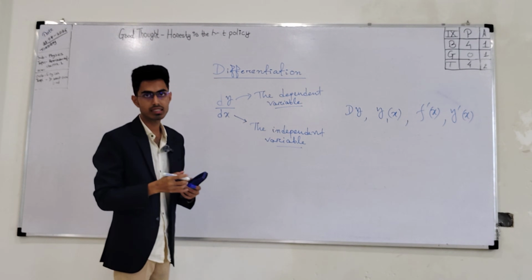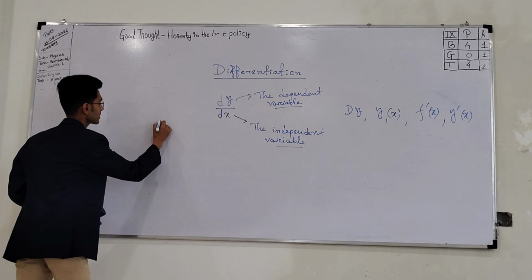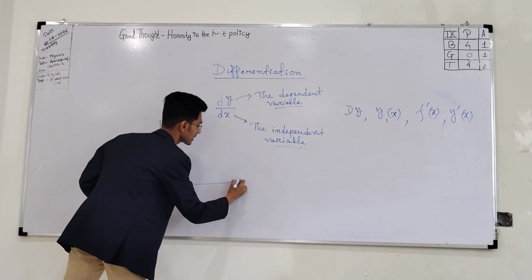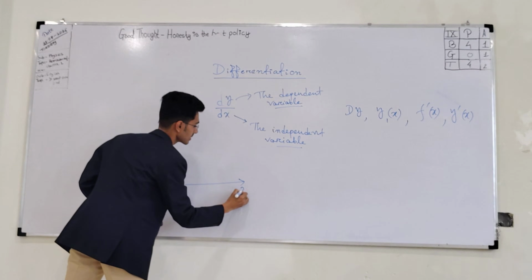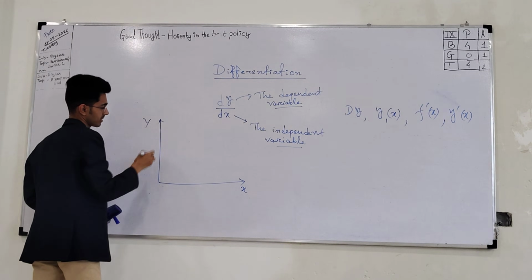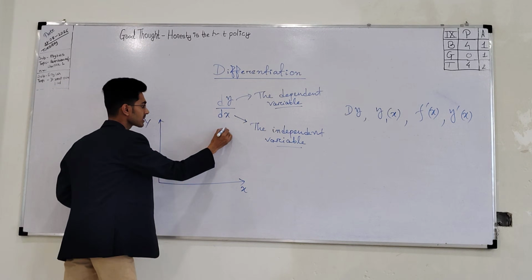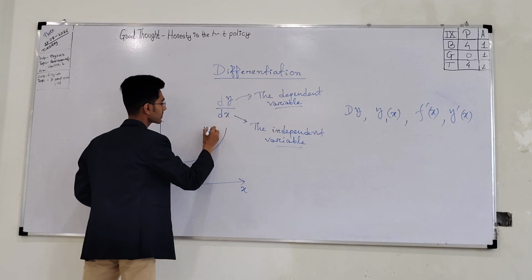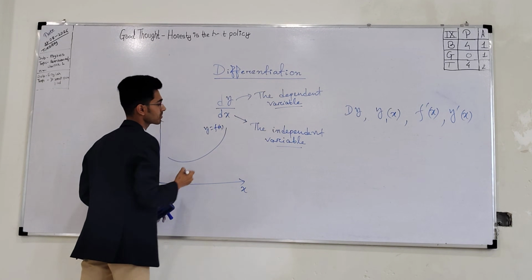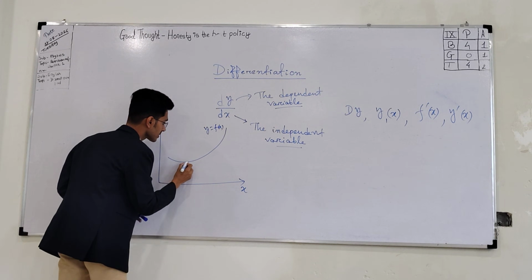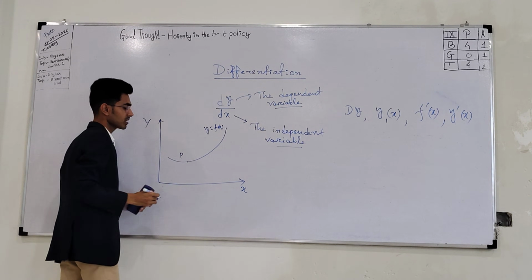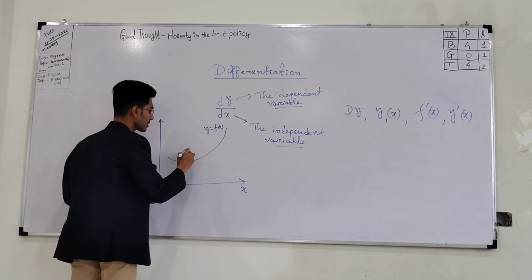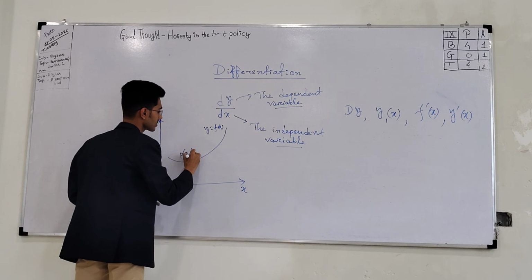Geometrically we can represent that in such a way. Let us suppose an xy coordinate plane. Let us suppose a function, y equals f of x. Let us suppose this point P is on the function and the coordinate of P is x comma f of x.